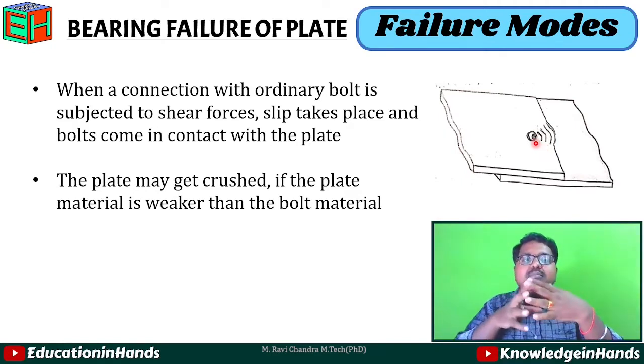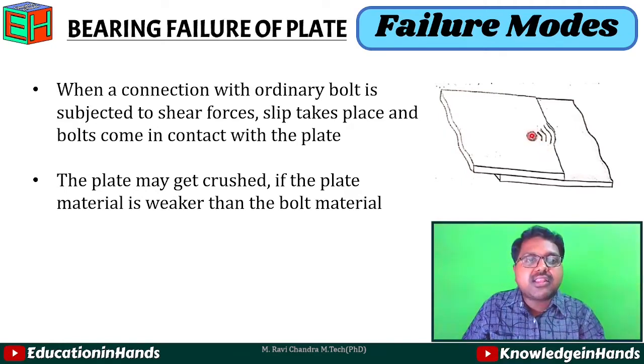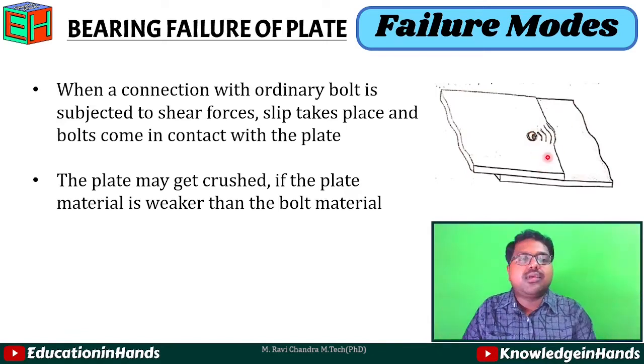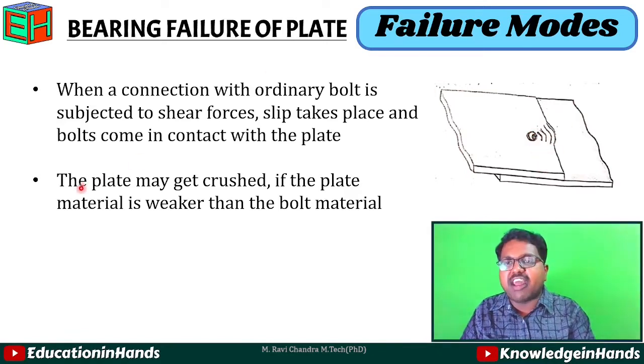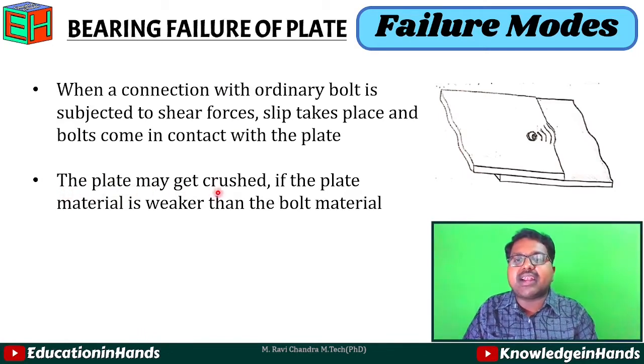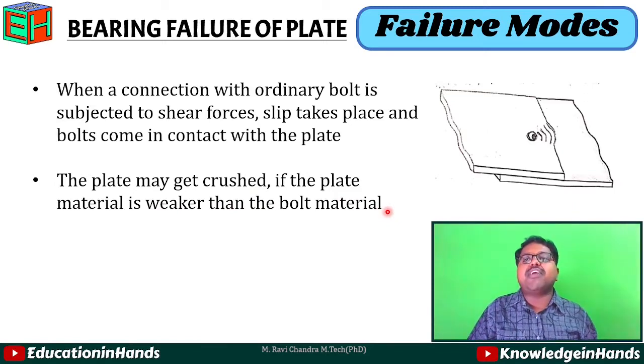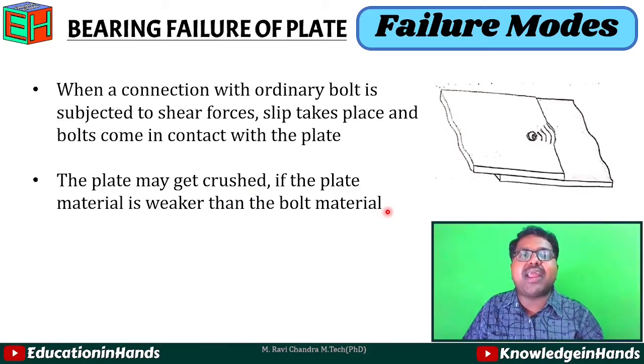At that time, the bolt will crush the plate like this. This type of failure is called bearing failure of the plate. The plate may get crushed if the plate material is weaker than the bolt material.